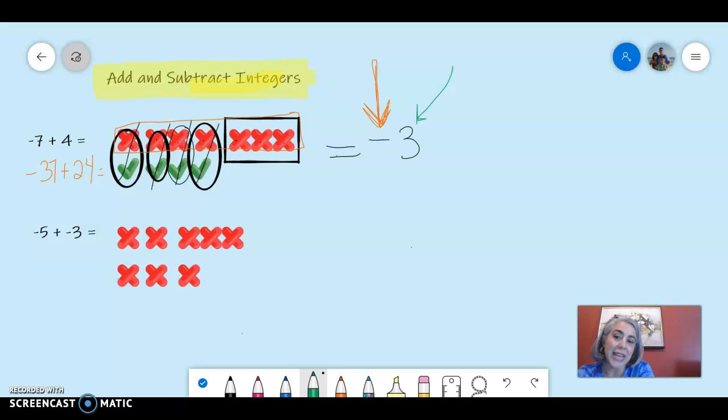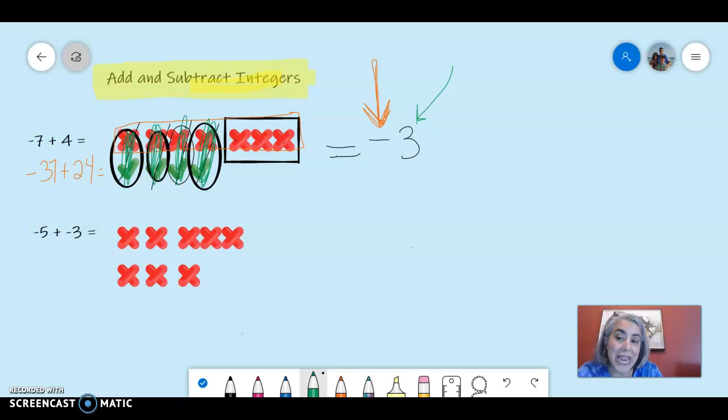What I have to do is take these positive 4 soldiers and subtract them out of the negatives, because basically these positive 4s are going to kill out those negatives right here where I'm showing you in the picture. So those 4 positive soldiers take away those 4 negatives.